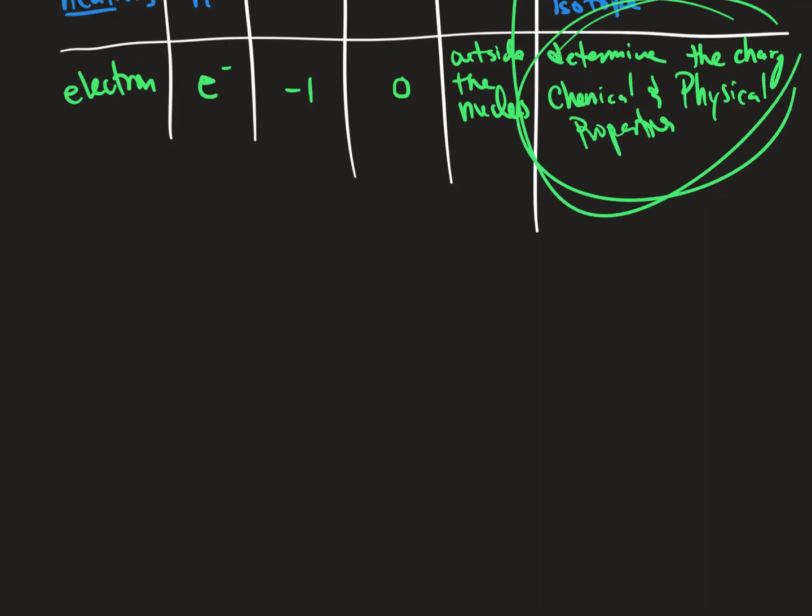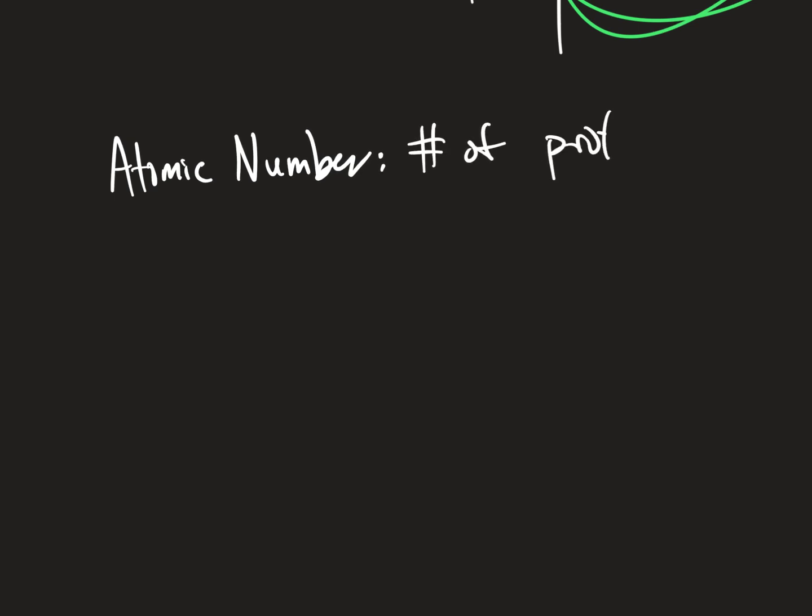Okay, now we're going to just give some definitions. Let's talk about the protons. The number of protons determines, what do we call this? The atomic number, right? Or number of protons. How many protons does oxygen have?